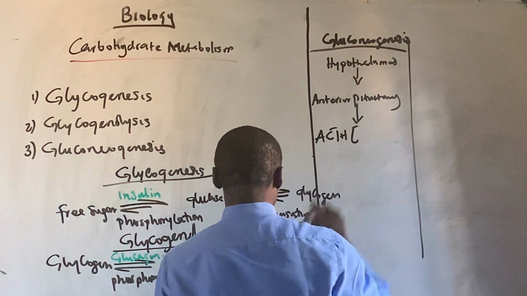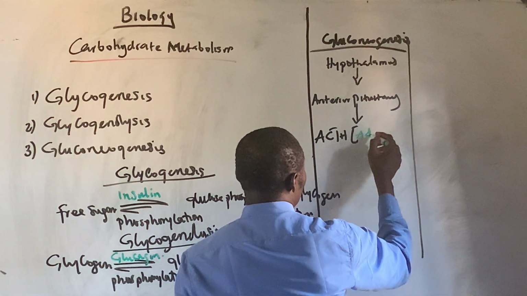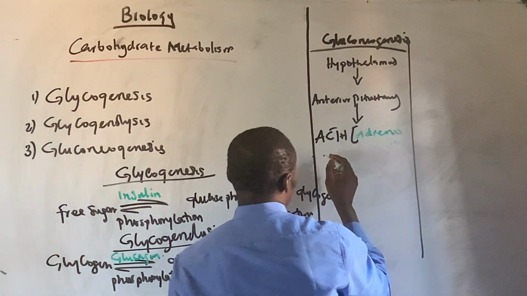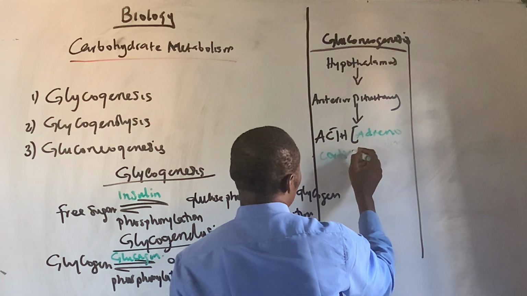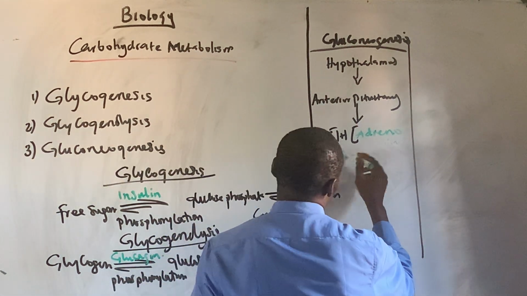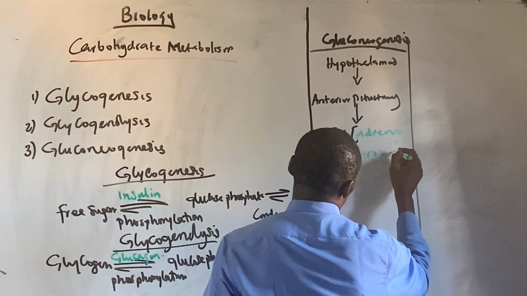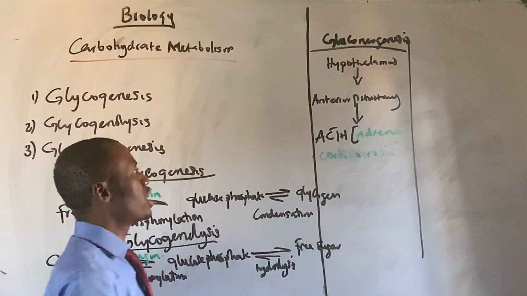ACTH. The ACTH is called the corticotrophic hormone, adrenocorticotrophic hormone.